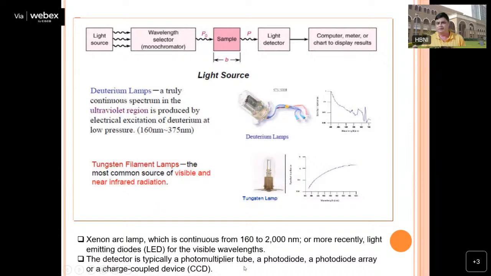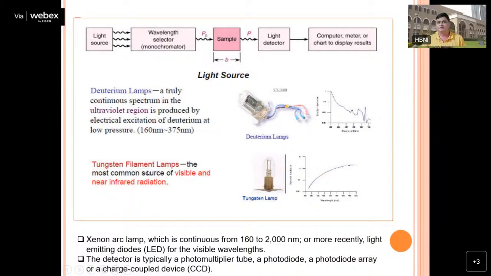Typically the detector is a photomultiplier tube, a photodiode array, or a charge-coupled device, because nowadays most detectors have been replaced by CCDs. The light source can be a deuterium lamp or a tungsten lamp. If you are looking at the range of 160 to 375 nanometers, we use the deuterium lamp.